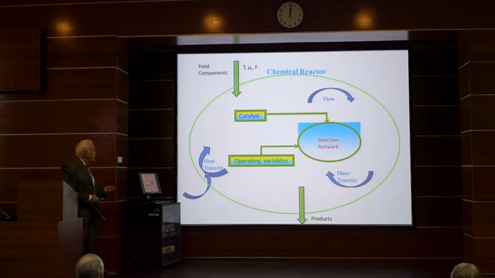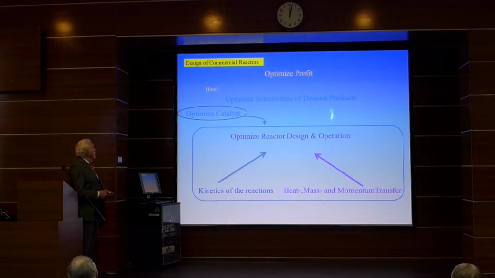Okay, let's try. So what if we design commercial reactors? What are we after? We are after optimizing profit. How do we do that? Well, we have to optimize the selectivities of the desired products, and that involves optimizing the catalyst and optimizing its use in the reactor and the operation of the reactor.